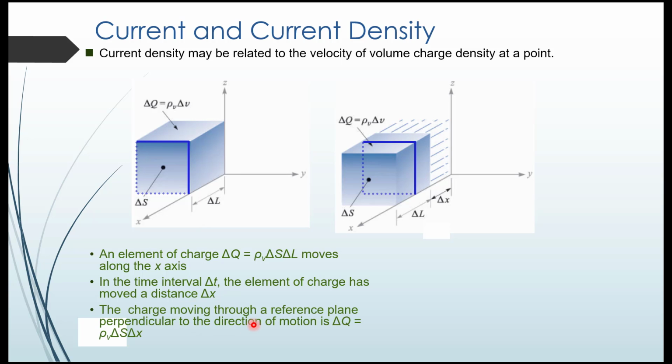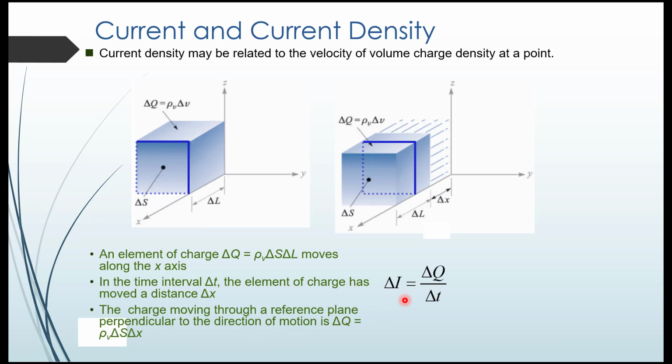The charge moving through a reference plane perpendicular to the direction of motion is delta q, that is equal to rho v into delta s into delta x. So because of this movement, the change in the charge, delta q, is given by rho v into delta s, and the distance is delta x.